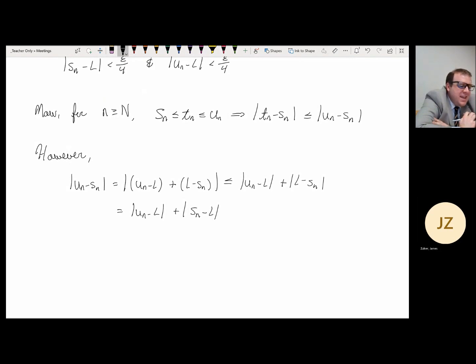So L minus S_n is the same as S_n minus L in absolute values.